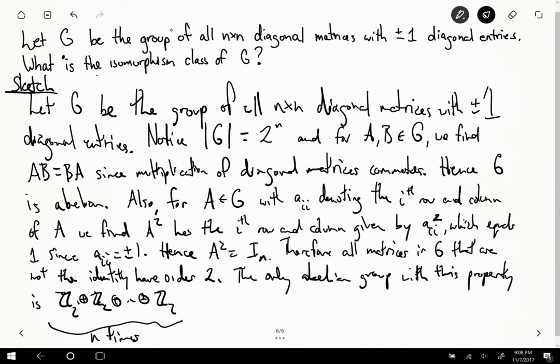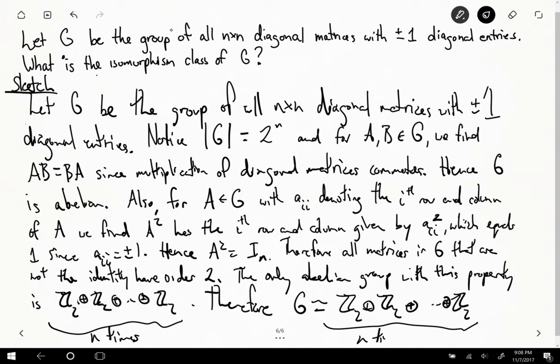There's other ways to write this too, by the way. So therefore, G is isomorphic to Z2 direct product Z2 direct product with Z2, and this is n times.